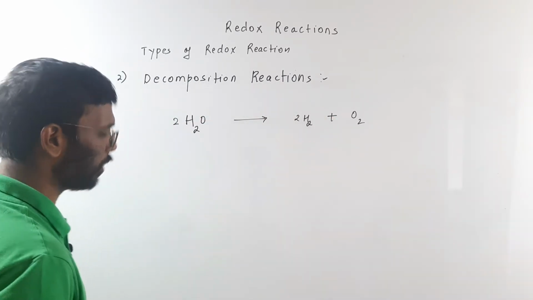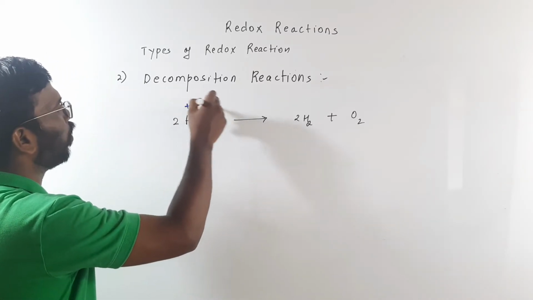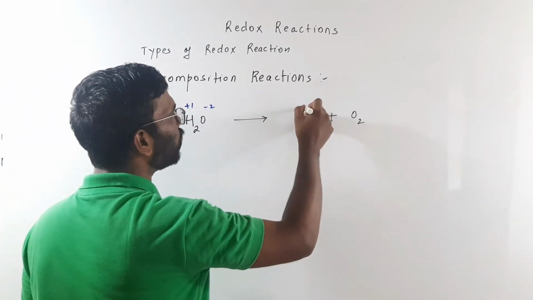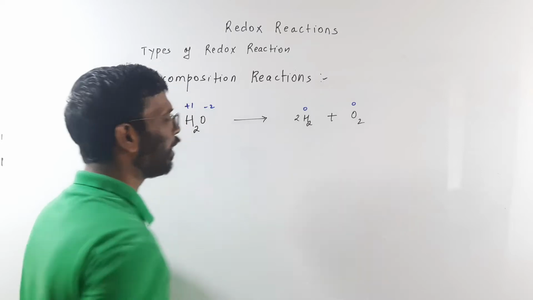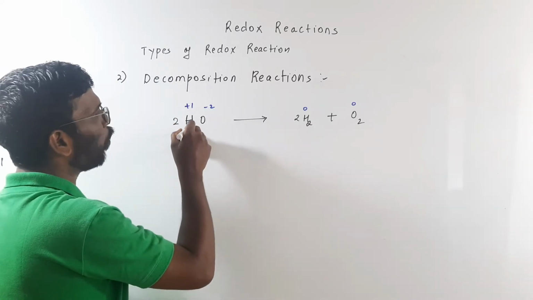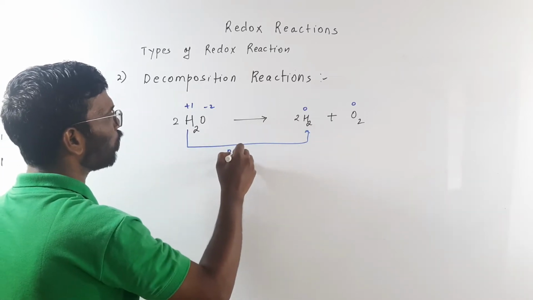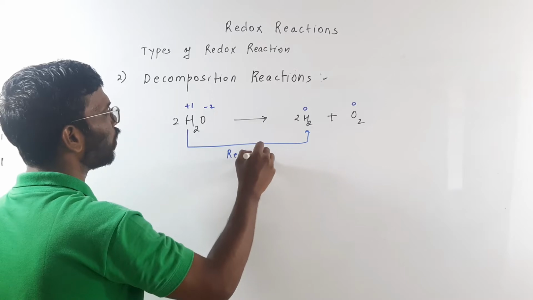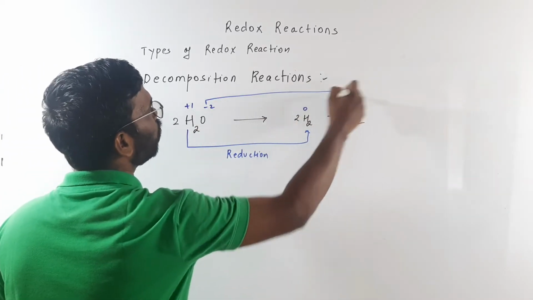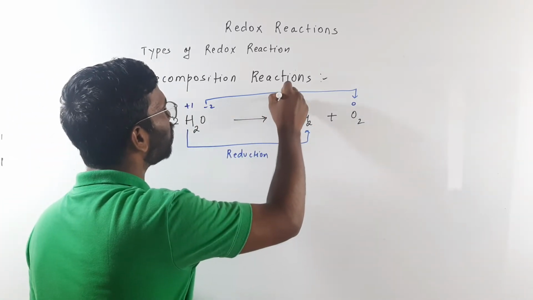What is the oxidation state of hydrogen? It is +1 and oxygen is -2, right? What is it becoming over here? Hydrogen is 0 and oxygen is 0. Both are existing in the standard state, right? So hydrogen was in +1, it has changed to 0. So it is a reduction. Oxygen was in -2, it has changed to 0. -2 to 0 is an increase, right? So this is an oxidation reaction.